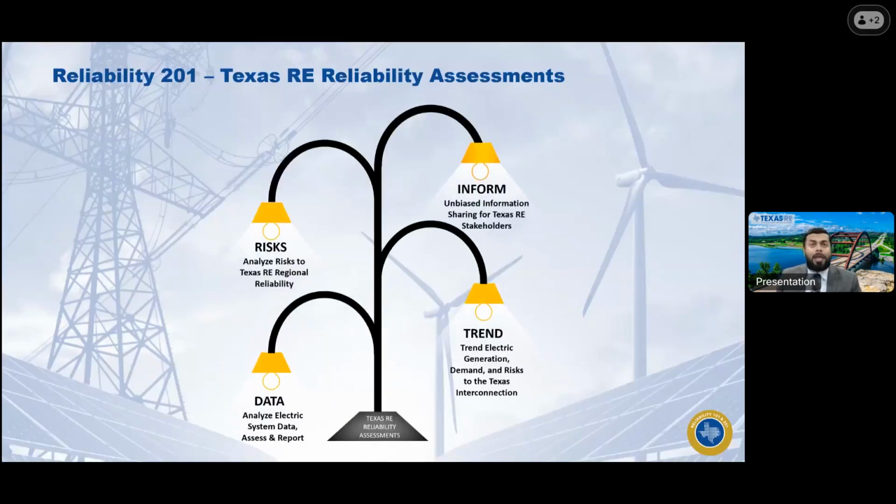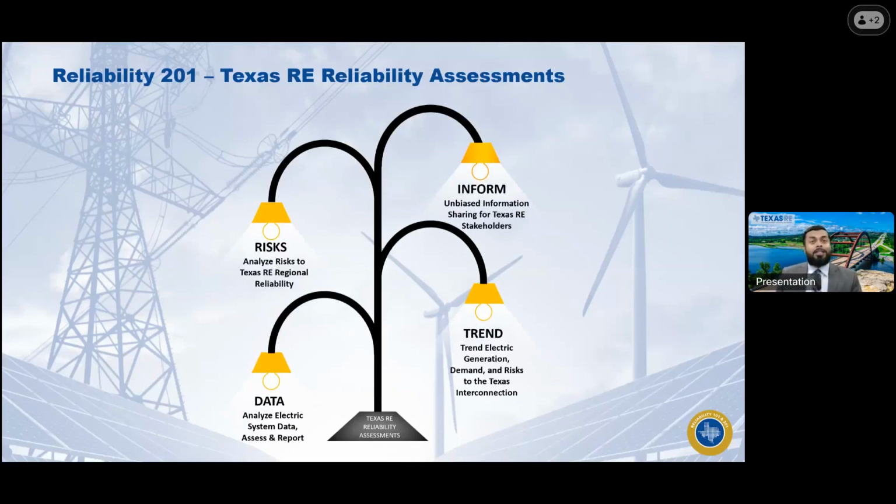Our work on reliability assessments is very purpose-driven. In performing these assessments, we focus on the data from member entities. We trend the growth of electric generation, demand, and transmission data. We gather insights and look for Texas RE regional risks in the areas of resource and transmission adequacy.